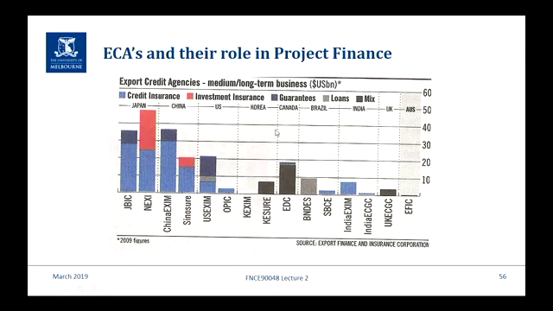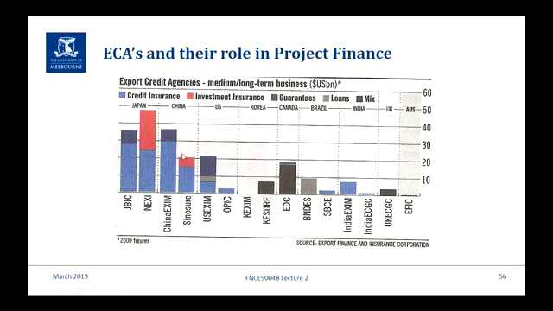So, as I've already said, there's a number of different services, and even though we've introduced it in the context of loans being available to projects, it's not their main service. And you can see from this slide that it's not their main service. It's getting a bit old now, but it's probably representative of how the market is overall. There's only one of the ECAs, the main ones in the world, that is purely a loans ECA, and that's one of the two in Brazil, and the other one in Brazil is purely credit insurance.